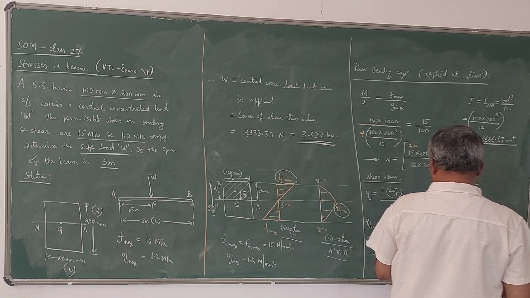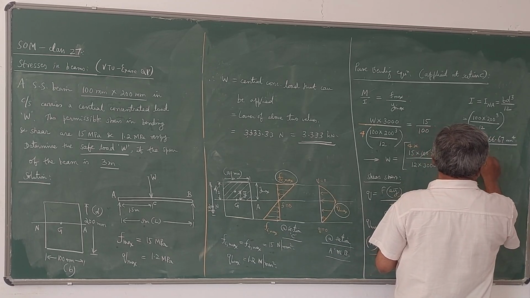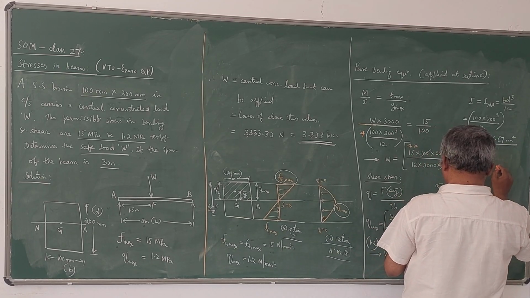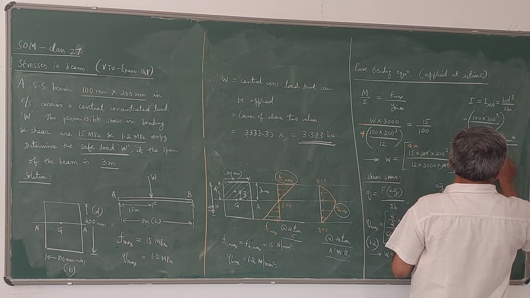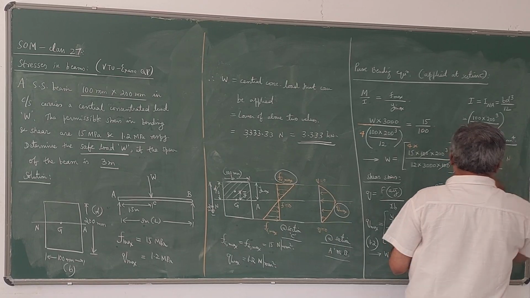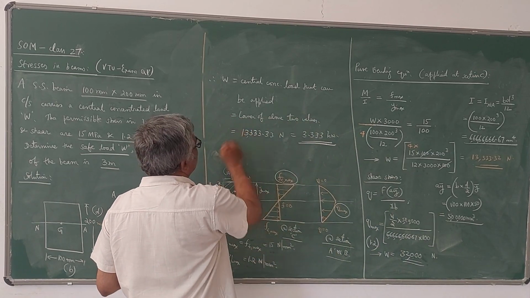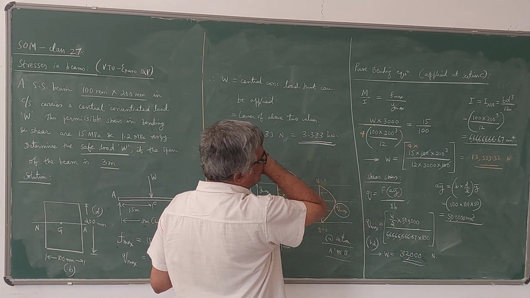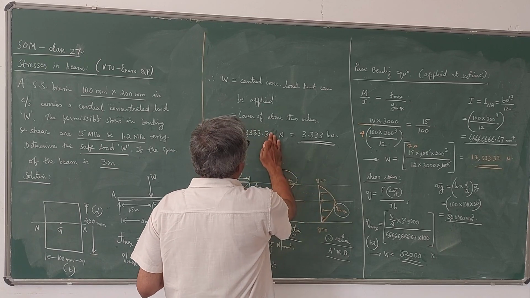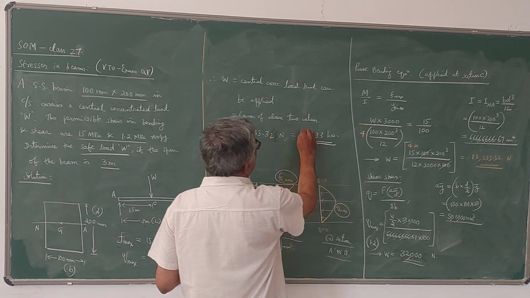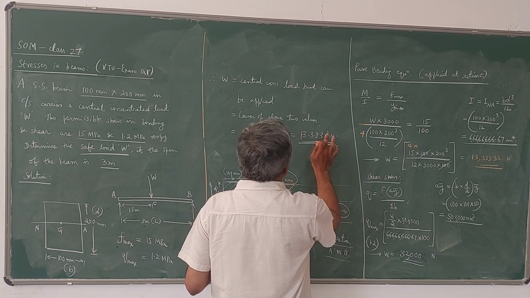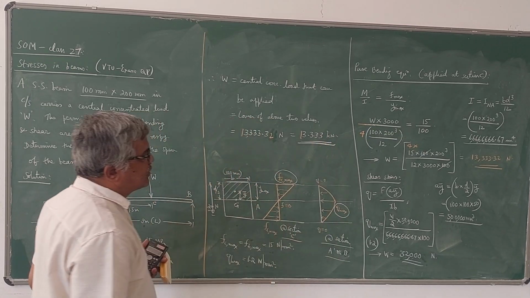So the value is 13,333.33. Among these two, of course, the higher value is this one only, 13,333.33 Newton, or it is 13.333 kilonewton. This is the answer.